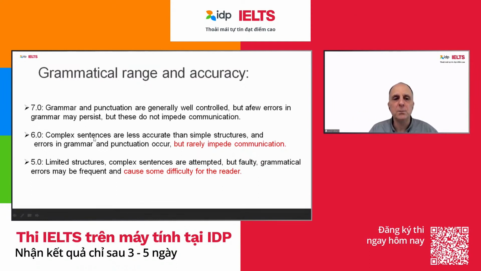For 6, complex sentences are less accurate than simple structures, but they rarely impede communication. Okay. For the last one, grammatical errors may be frequent and cause difficulty for the reader. That's also why you should quickly read through. You can't read out loud because you're in a test, but read it out in your mind.